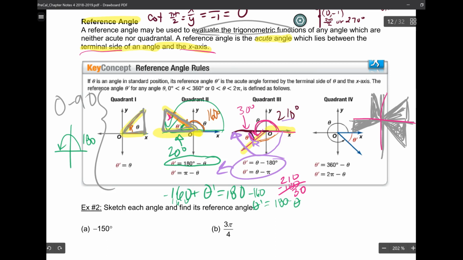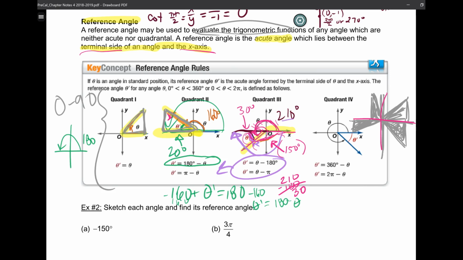And then 30 plus this other angle is equal to 180, so we would find out that this other side that we had no clue about is 150. That's not important. That's just knowing that we can't use 180 minus reference angle, because we don't know the reference angle, so we don't know this other side, but we do know the top. The top's 210, so if I subtract 180, what's left over will be my reference angle.